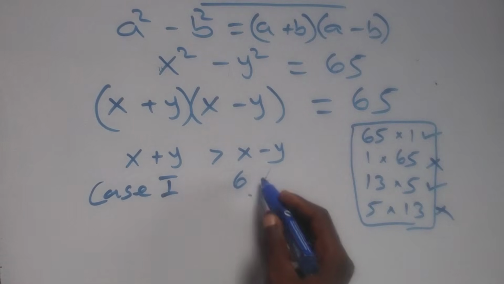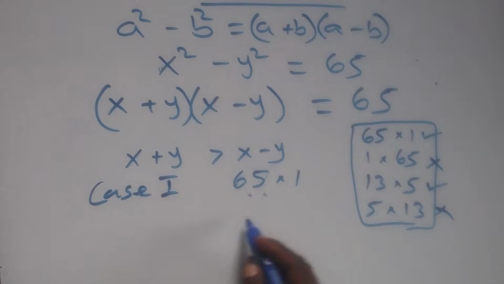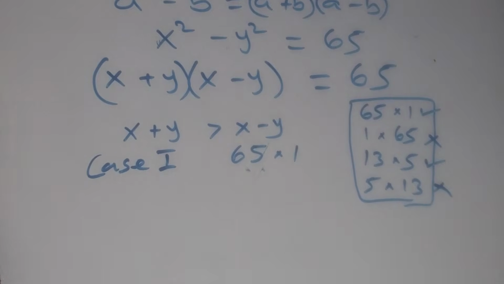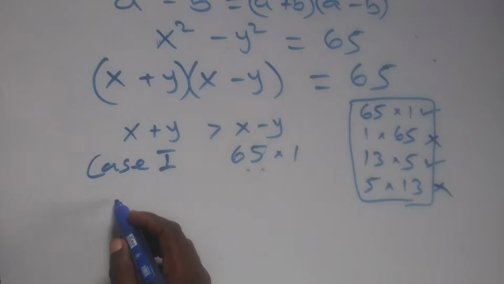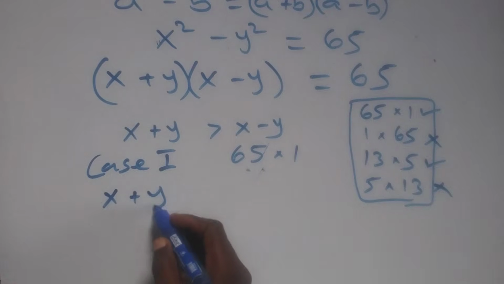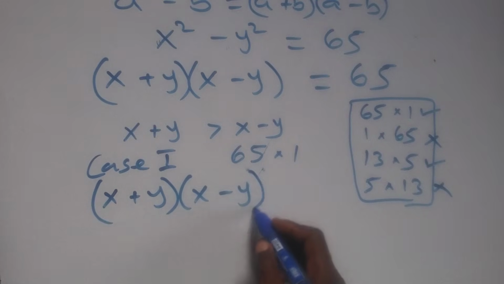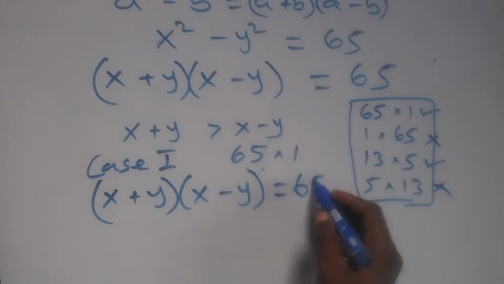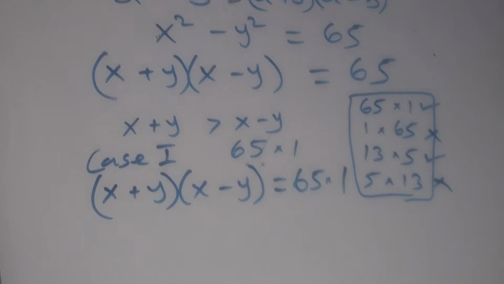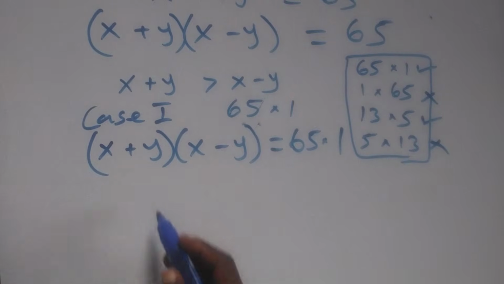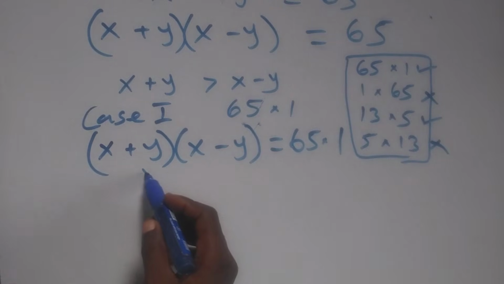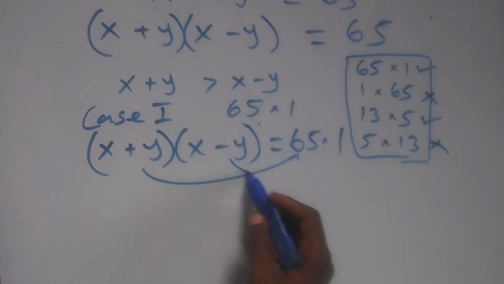We can break 65 into 65 times 1. It implies x plus y multiplied by x minus y can be written as 65 times 1. So direct multiplication here means the first bracket is 65, the second is 1.